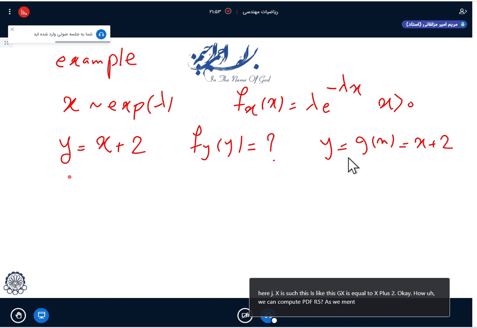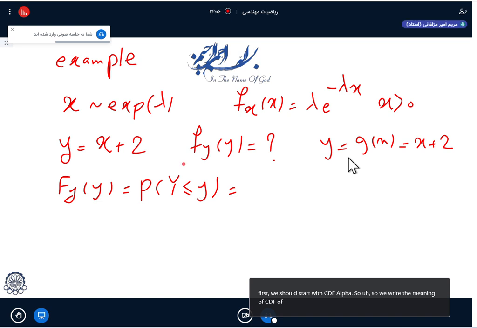As we mentioned in the previous slide, first we should start with the CDF of y. So we write the meaning of the CDF of y. We want to compute this probability, but we should establish a connection between y and x. We know that y is equal to x plus 2.